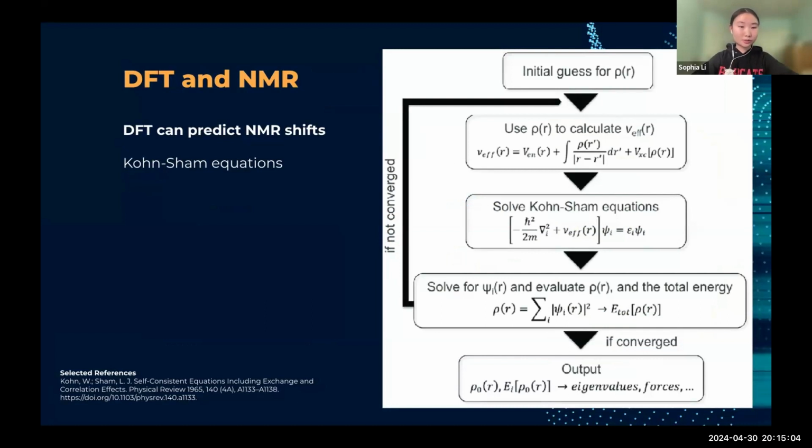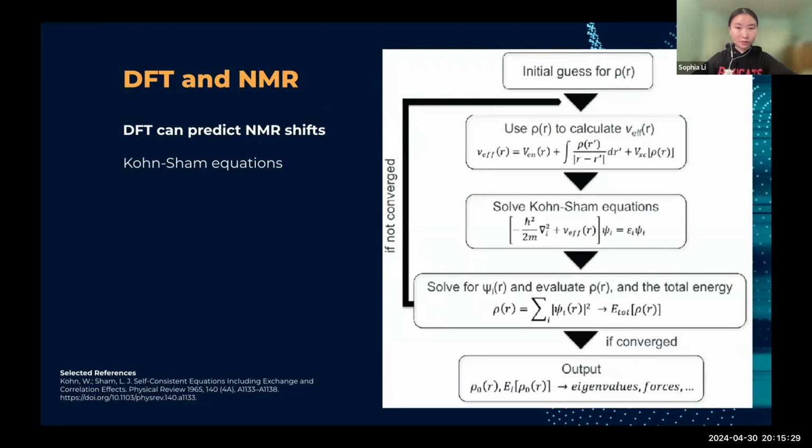So as a brief overview of how the Kohn-Sham equations work, you start off with an initial guess for electron density, or rho of r. You then use the guess density to calculate the effective potential of the system. And using that effective potential, you solve the Kohn-Sham equations for the electron density of a system. And you repeat this process in a cycle until self-consistency is reached.